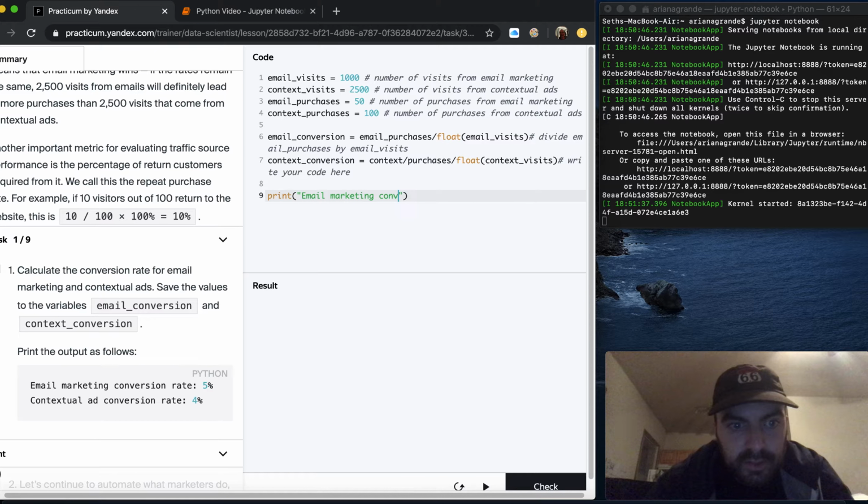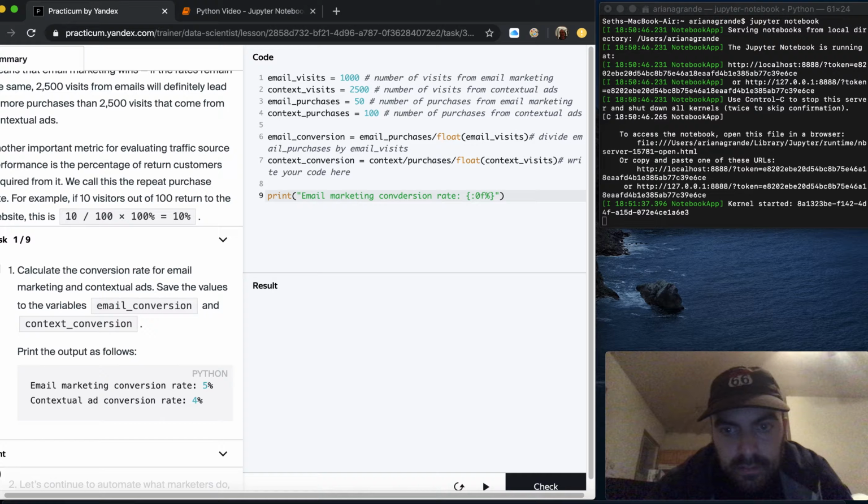marketing conversion rate colon, and then we have the squiggly bracket dot 2, I think it's a percent, right? So let's see. And also, we don't want 2 decimal places. It looks like we want 0 decimal places, so we'll just do colon.